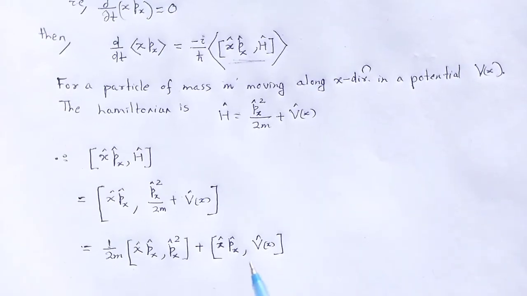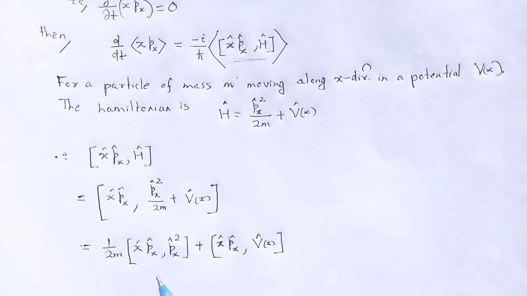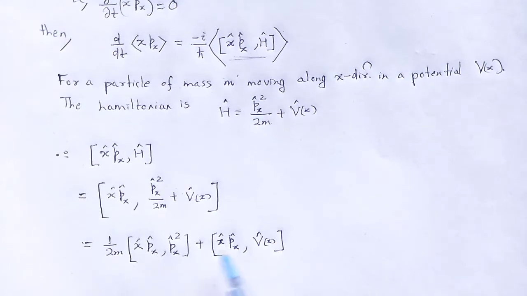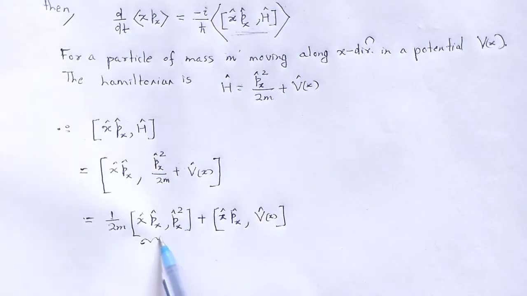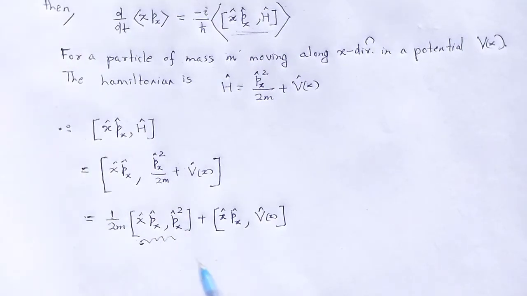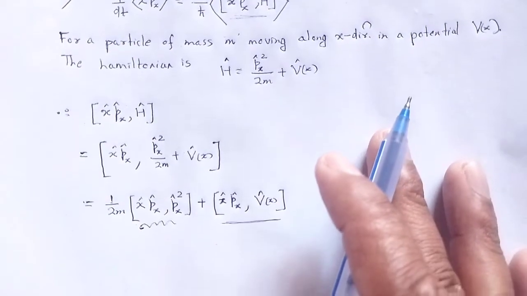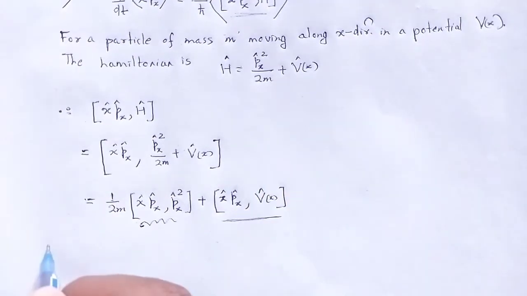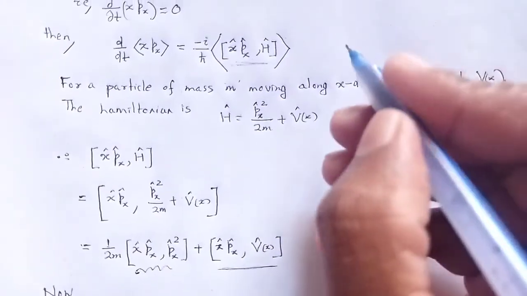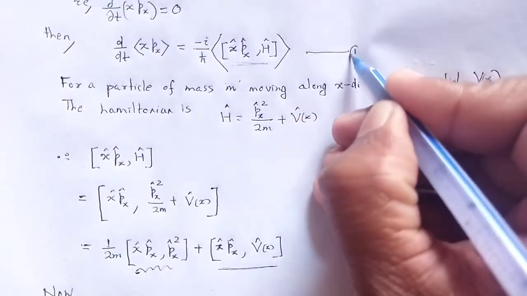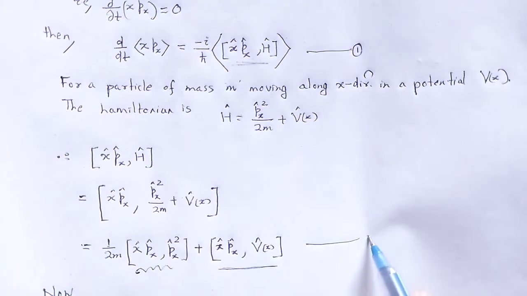Now we have to expand these two terms individually. First one commutation bracket, then the other commutation bracket can be solved. Let me introduce this as equation number 1, and the next as equation number 2.